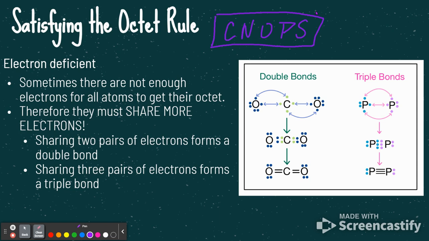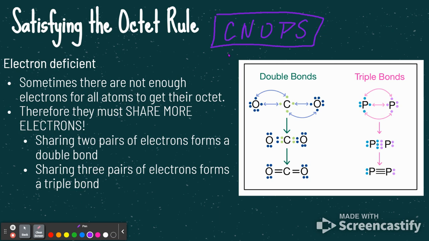Only these 5 can bond, once again, with one another. So 2 carbons can double bond, or a carbon and an oxygen can double bond, carbon and a phosphorus could triple bond, carbon and sulfur, nitrogen and sulfur, whatever combination you want. But these are the only 5 who can do this with one another, okay? So make that little note. We call this the CNOPS group, okay, as you can see, CNOPS.